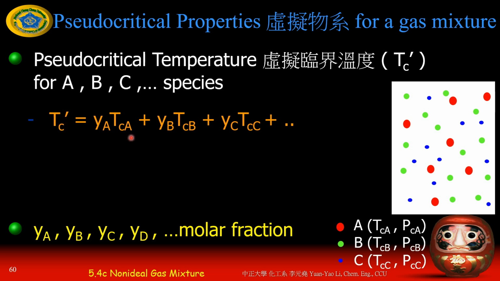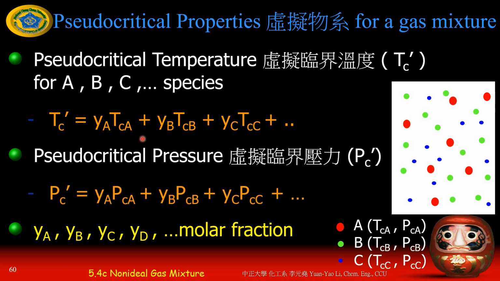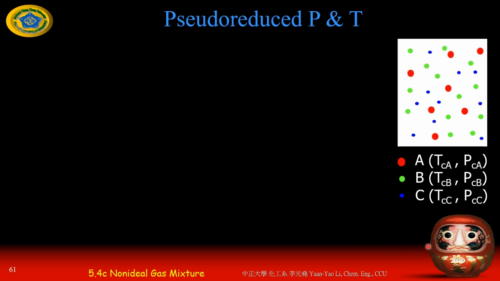How about pseudo-critical pressure? Exactly the same, using this equation. Before you go to reduced, you need to find pseudo-critical temperature and pseudo-critical pressure. And after that is pseudo-reduced temperature and pressure.